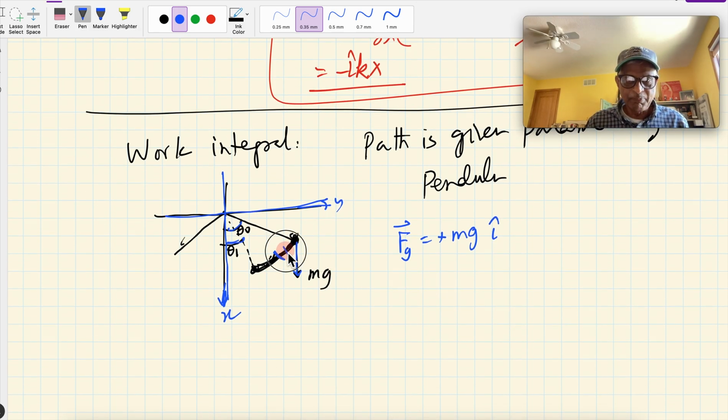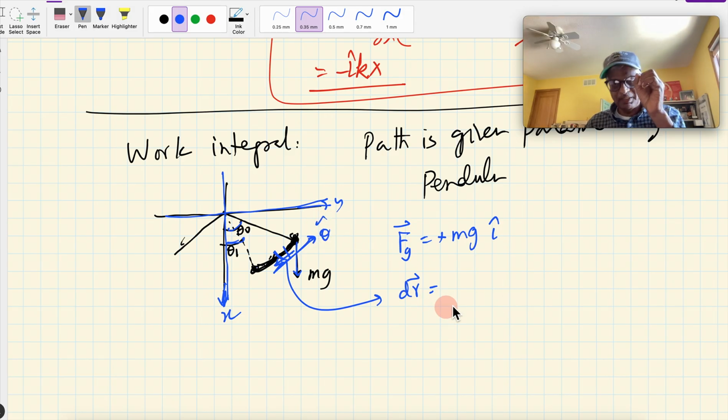If you look at a little path here, this path will be dr. Dr will be along, if this is from the x, the theta hat direction, right? The polar theta hat direction will be like that.